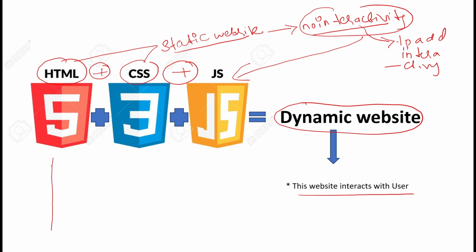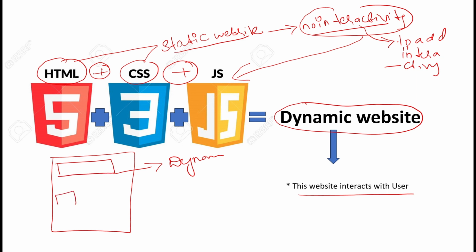For example, let us consider this is a dynamic website, having some user input option and a button the user is able to click. It responds to the user, so it is able to provide interactivity. The user clicks the button and gets a response, like an alert box opening or navigating to another page. The input box in a dynamic web page gives the option to give whatever input the user wants.